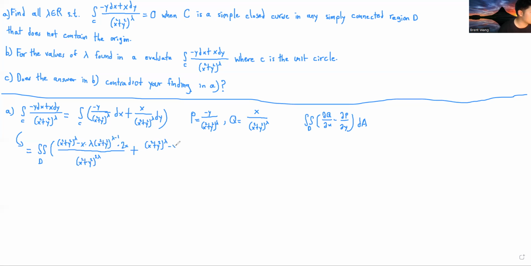Minus y times lambda times x squared plus y squared to the lambda minus 1 times 2y over x squared plus y squared to the 2 lambda. So all I did was take the first partial derivatives of x and y respectively with q and p, applying this formula. That's just the concept of using the first order partial derivatives.